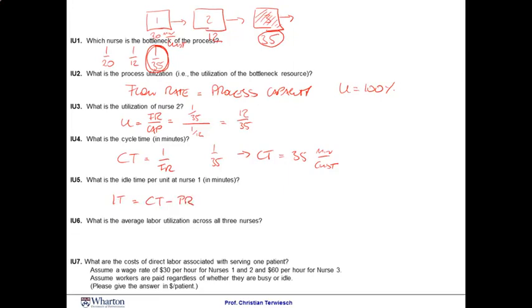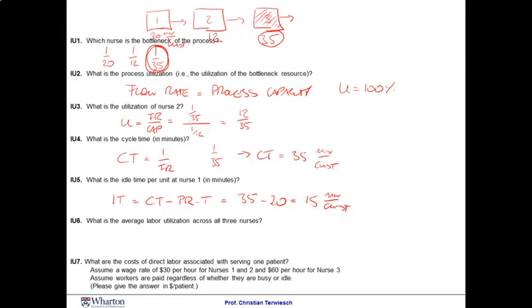So the processing time, this here PRT stands for processing time. The cycle time here is 35. We have a processing time of 20. And so that gives us 15 minutes between customers as the idle time at nurse number 1.